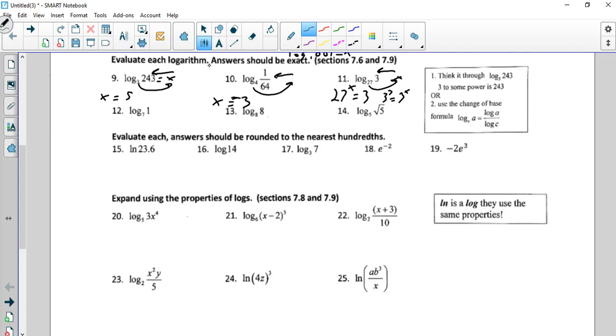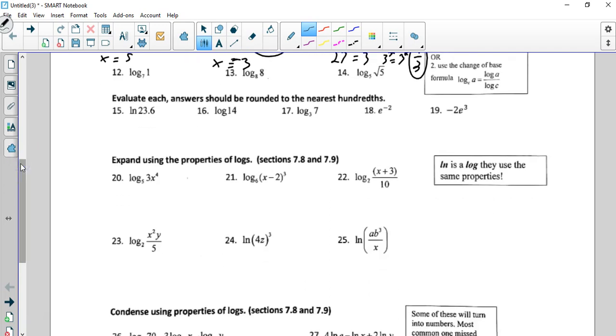So x goes there. This is a 1. So now I have the same base. I basically say 3x equals 1. Not a lot of room here. So x is 1/3. There's my answer. Another way to think about it is 27, take the cube root of it, you get 3. So the cube root of 27, or the 1/3, is 3.